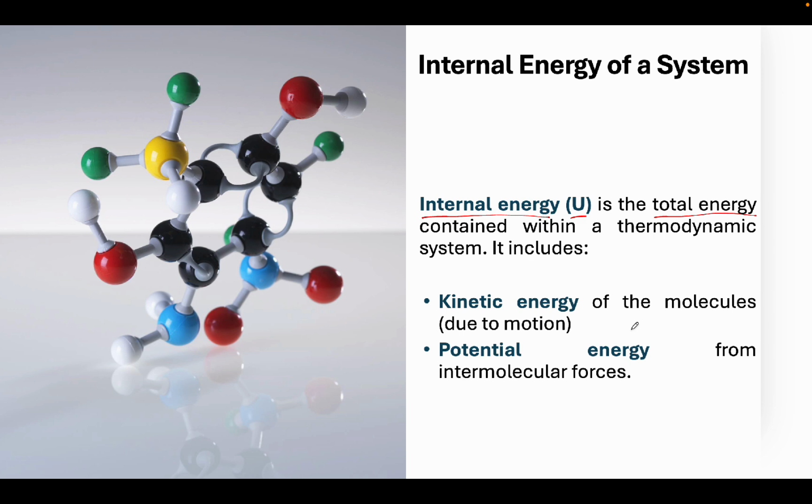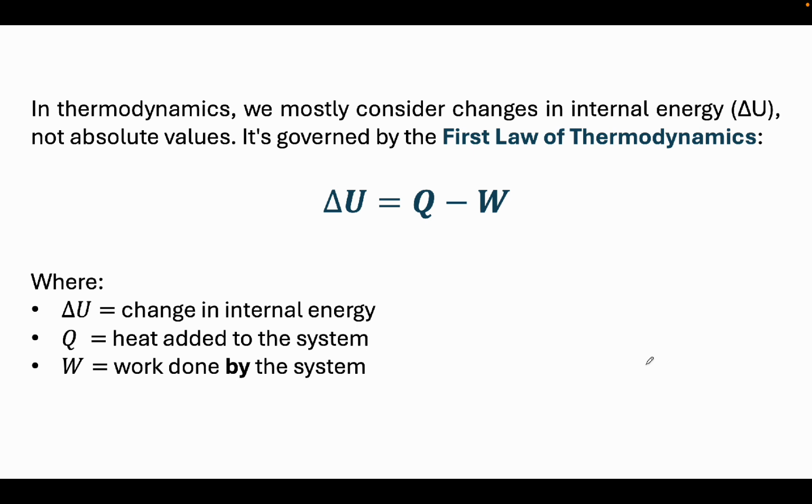The internal energy includes the kinetic energy of the molecules, which is due to the motion of the molecules, and the potential energy from intermolecular forces. In thermodynamics, we mostly consider changes in the internal energy, so change in internal energy, delta U, not absolute values. It is governed by the first law of thermodynamics.